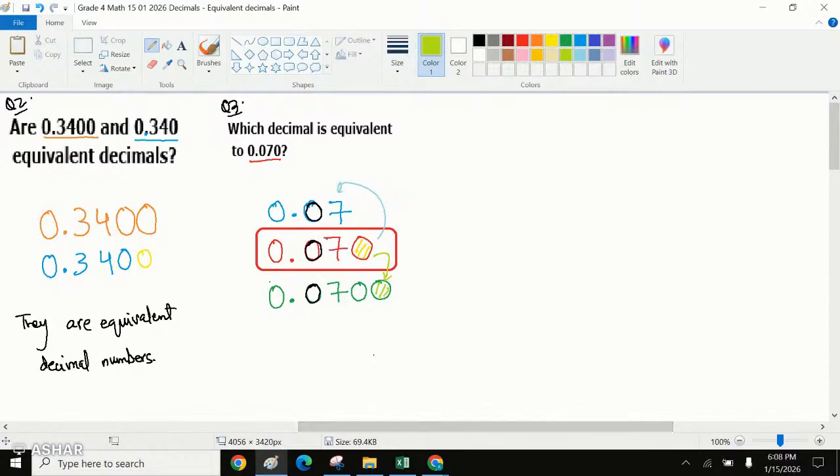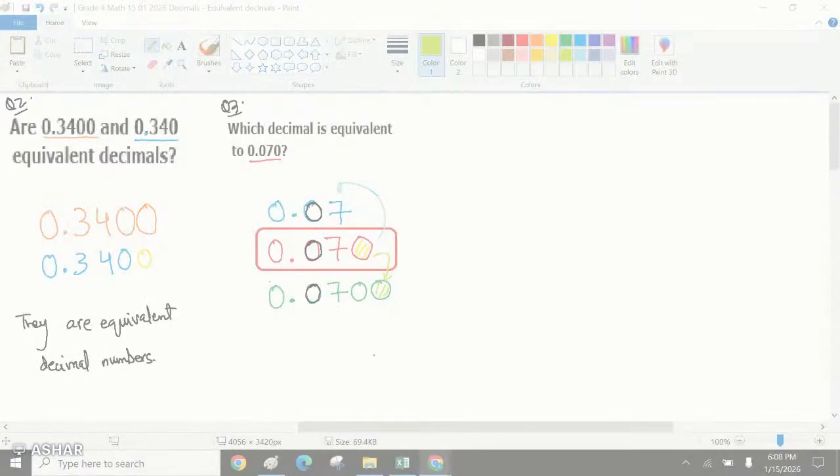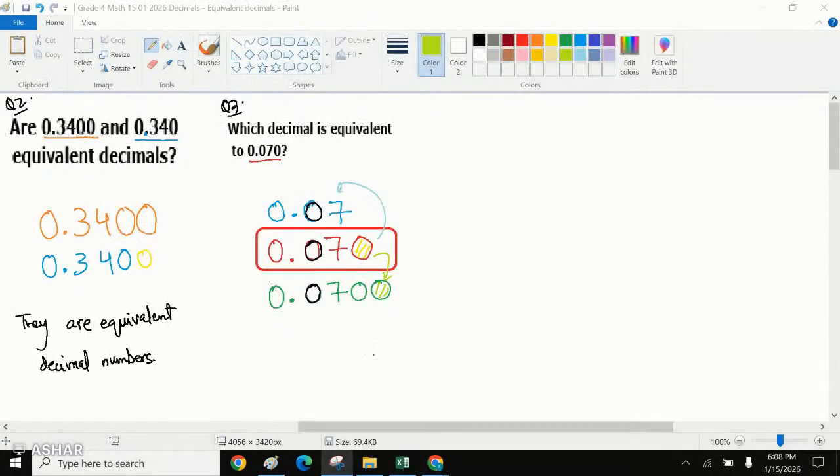Okay. For the next question, it says, are these two numbers equivalent fractions or equivalent decimals? So they have given us two numbers and they're asking us whether these two numbers would be equivalent decimals. Let's see.